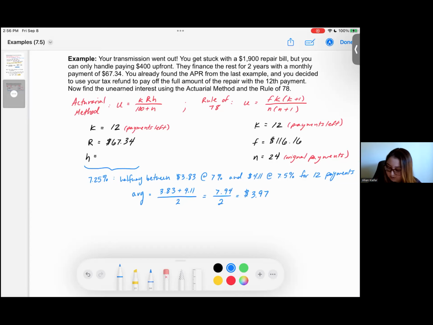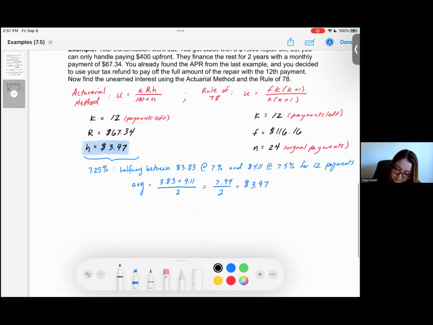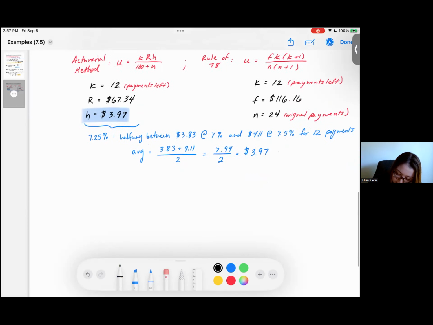So that is going to be the value of H. So now we found the value of H, and we can go ahead and calculate our actuarial method and our rule of 78 now that we have all the information. So let's go ahead and start with the actuarial method.